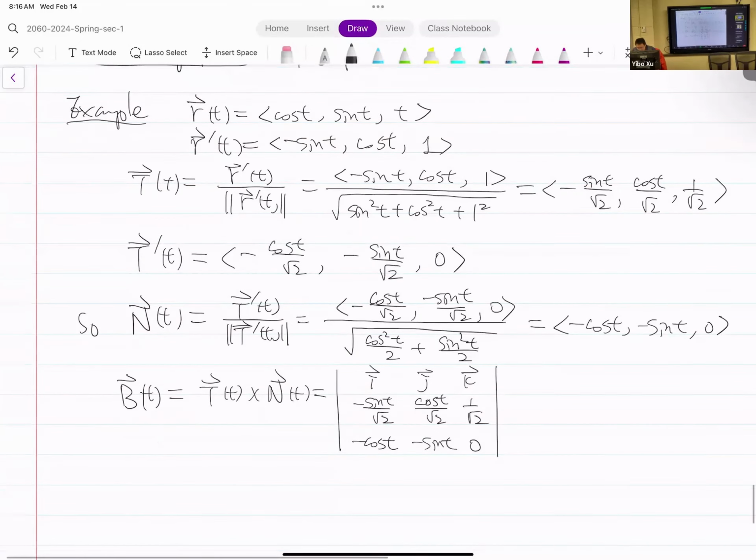So here, this is not going to be complicated. We just carry out the calculation, but that I'm going to leave for you guys to check.